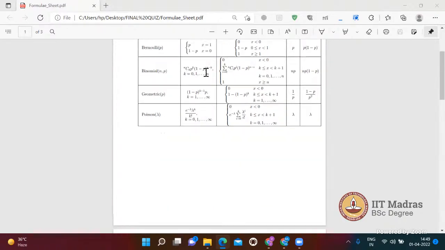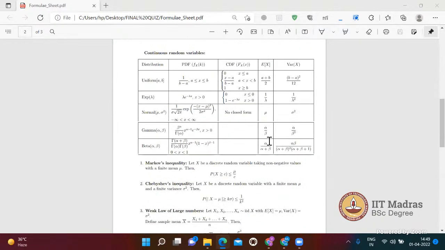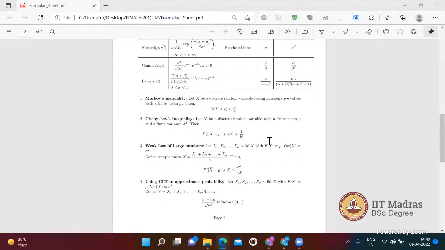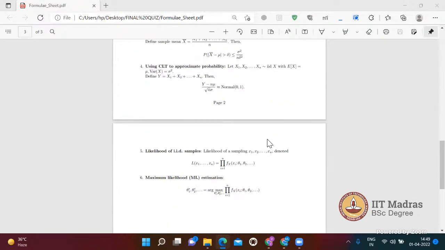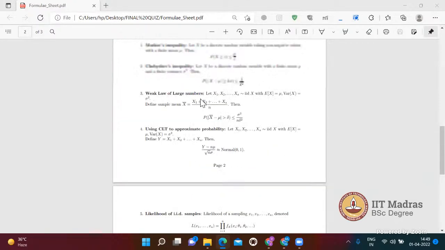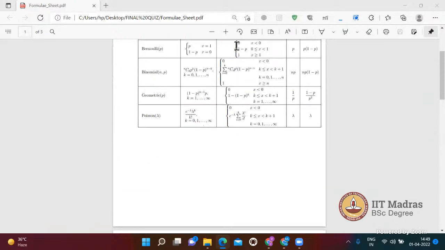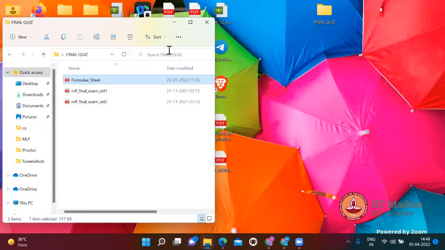More or less this is the same, but there are other Bayesian estimation formulas in the statistics course which I've cut because they are not helpful. The maximum likelihood you already know, and it will be available in the formula sheet.